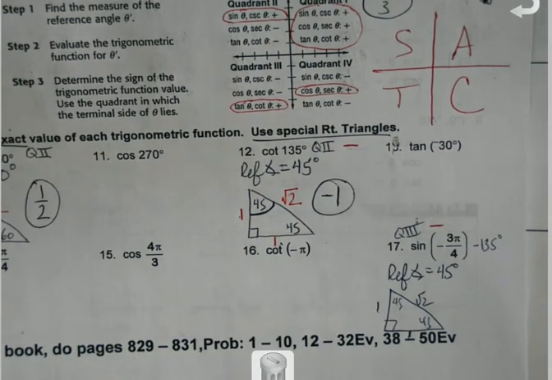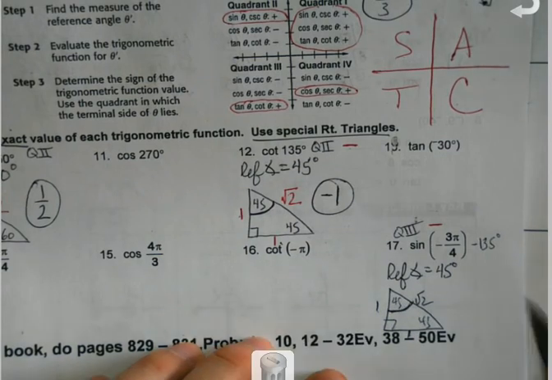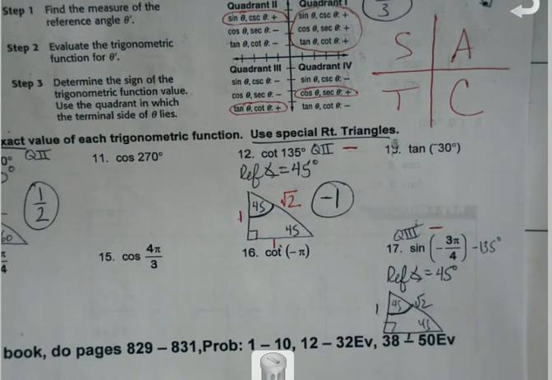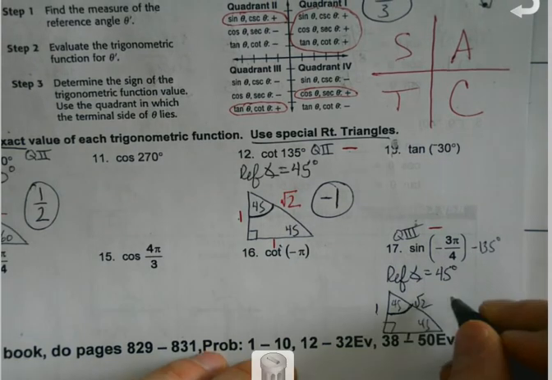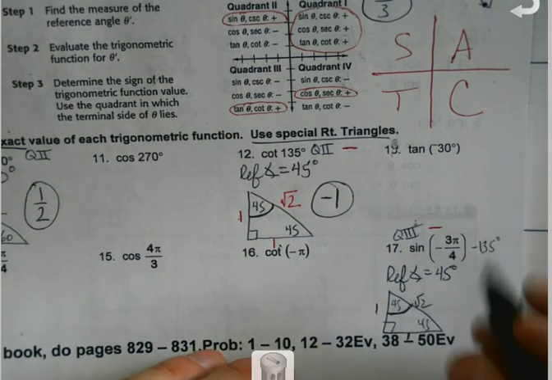But I'm looking for the sine of my reference angle. So what's that going to get me? Okay, right, and I heard both things I would like to hear there.